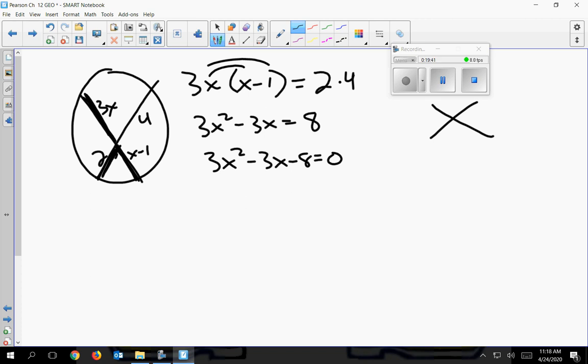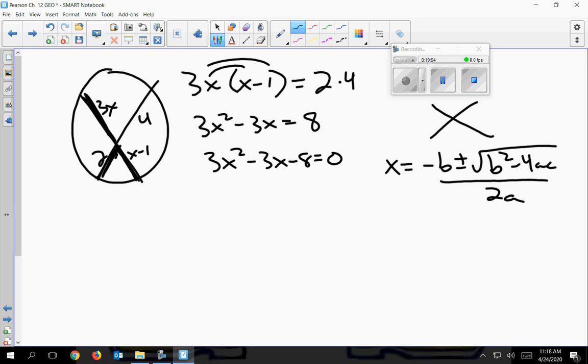And if I can't factor it, then I have to use the quadratic formula. So if you remember this, it's that, okay? So this is going to be my A, that -3 is my B, and -8 is my C, and I want to go plug all that in, okay?